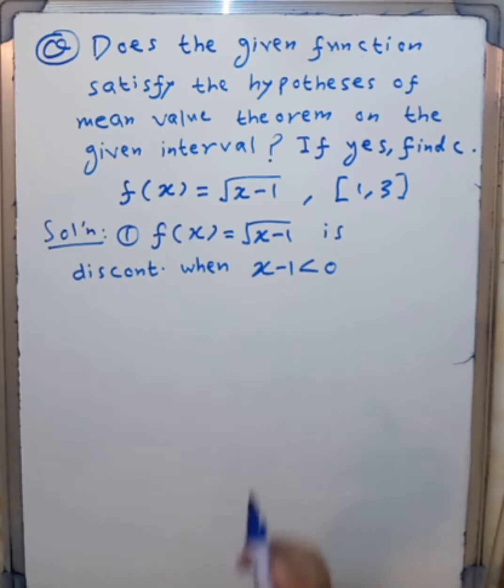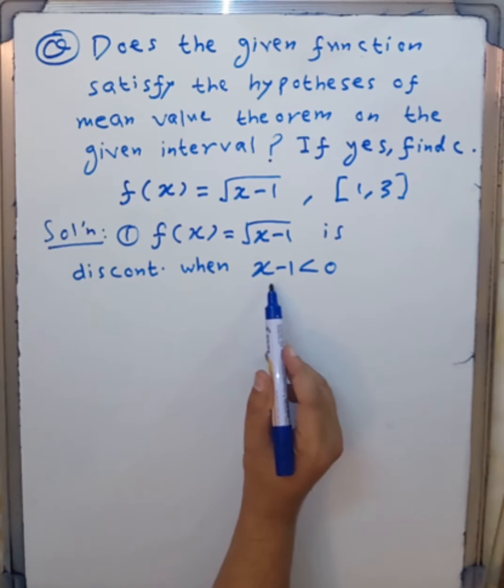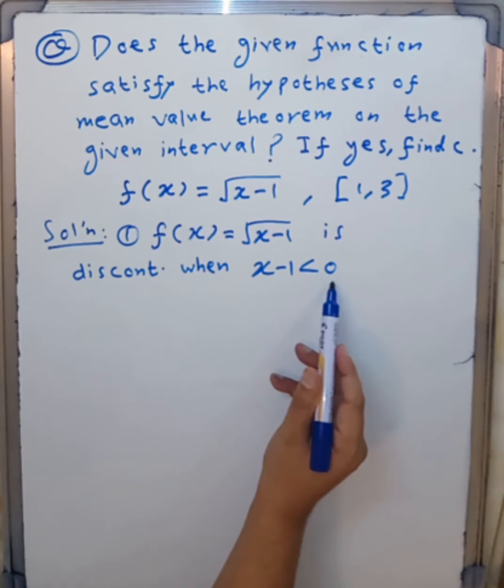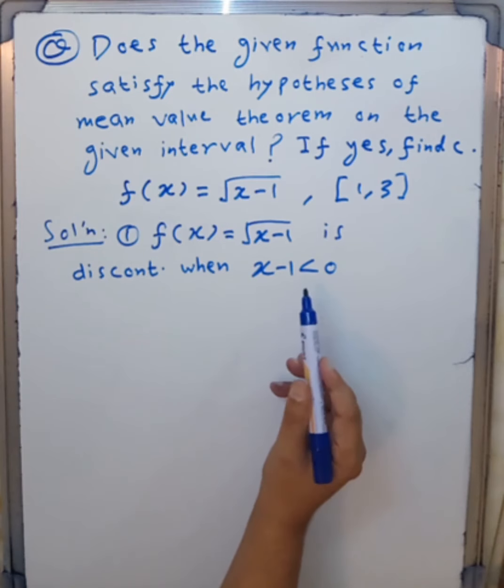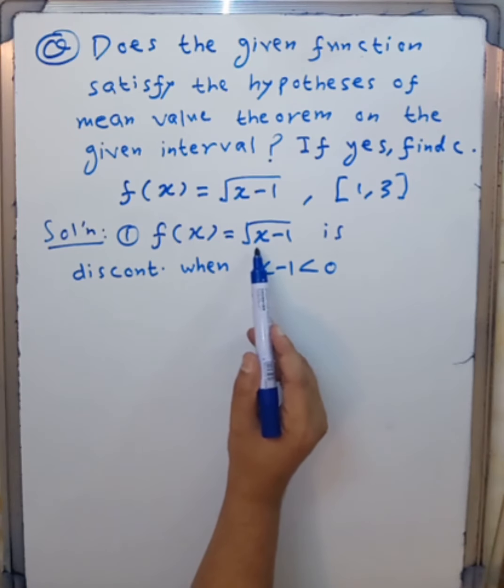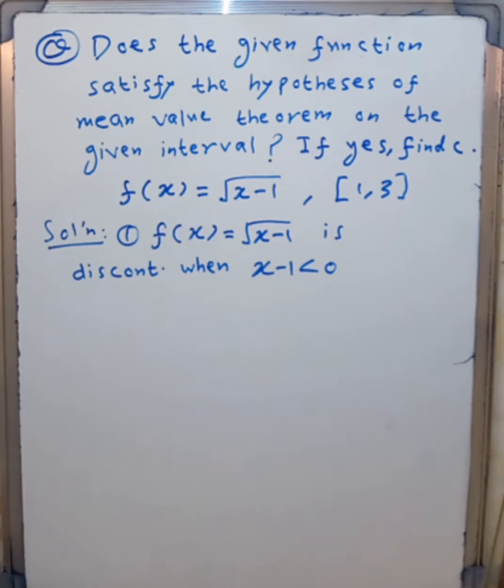In this case, x minus 1 becomes a negative number, and we know that the square root of a negative number is not defined in real numbers.